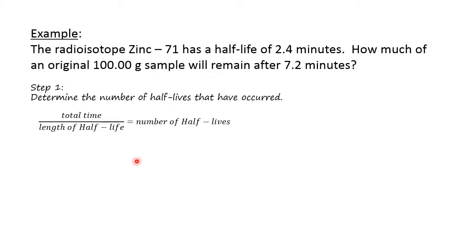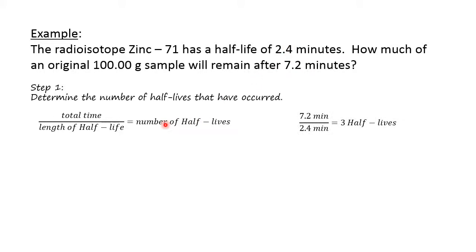So for instance, the half-life of zinc-71 has been given to us. It is given right here where it says it has a half-life of 2.4 minutes. Okay, so there's our half-life. And so by taking 7.2 minutes, which is the total time that has elapsed, and dividing that by 2.4 minutes, we should get the number of half-lives.